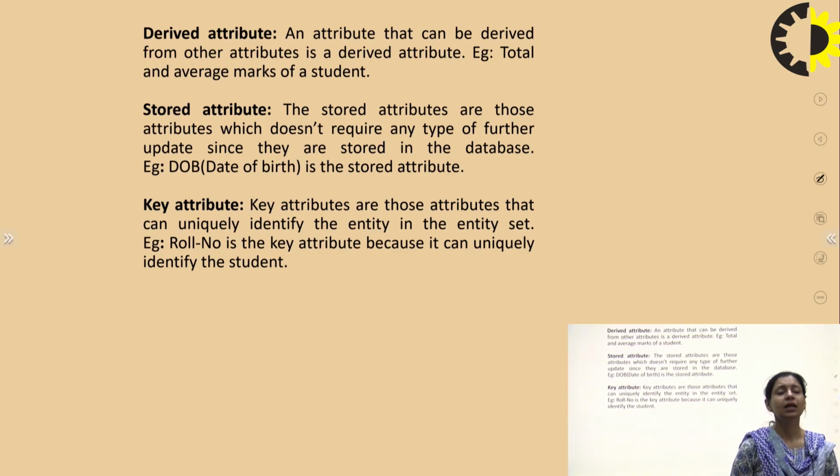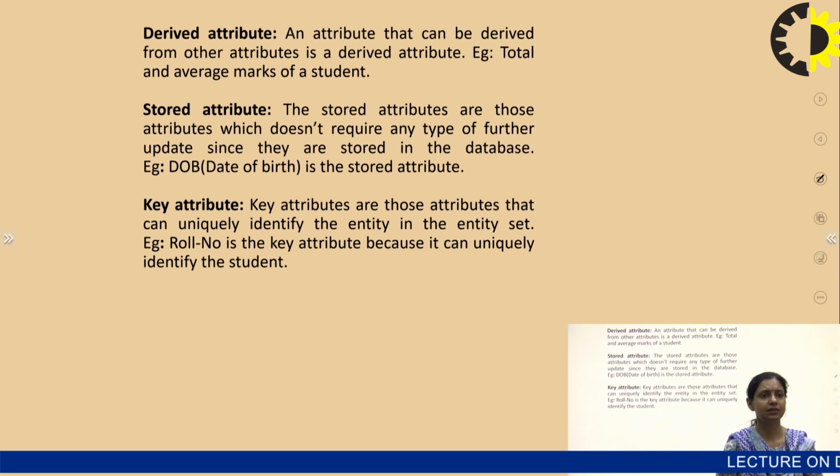Key attribute is an attribute which identifies a particular row or record, the entity in the whole entity set. Suppose we say that a person having this Aadhaar number has these things.